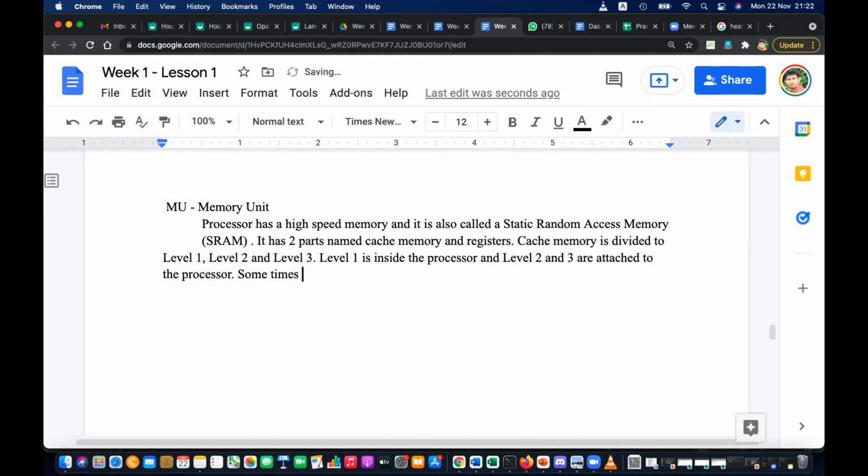Sometimes level 2 is also inside the processor. Registers are the smallest memory elements inside the processor.